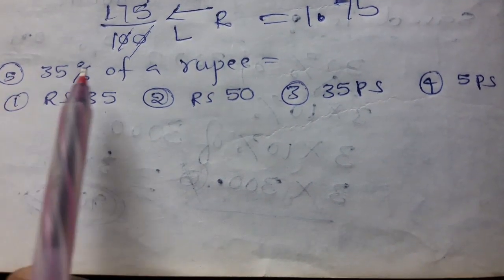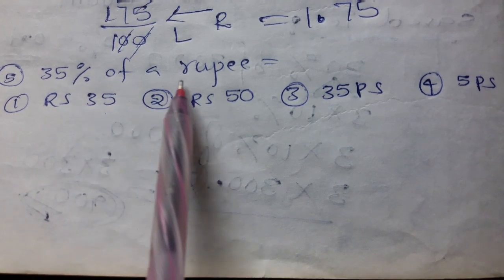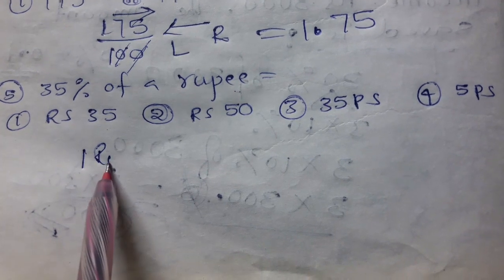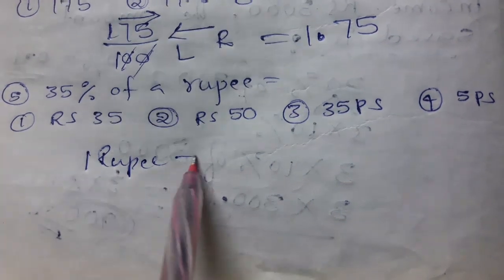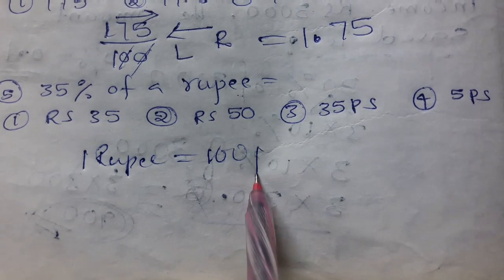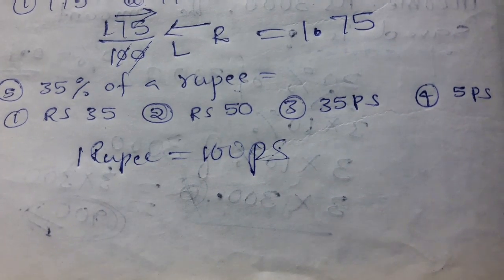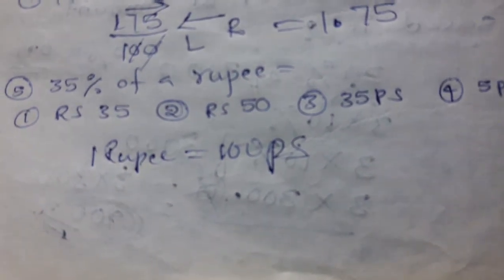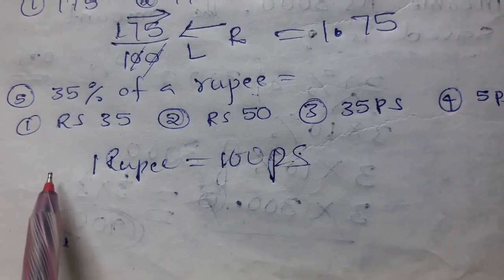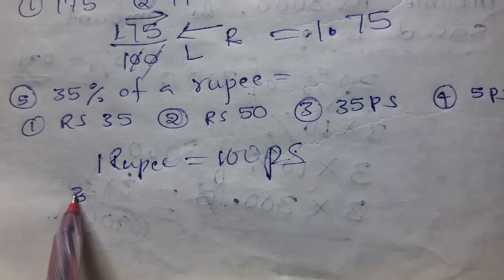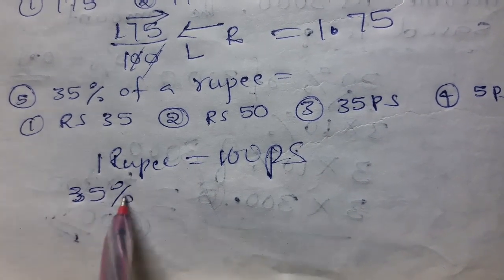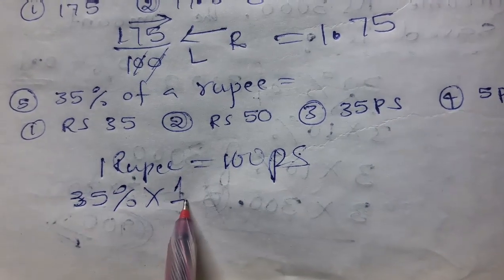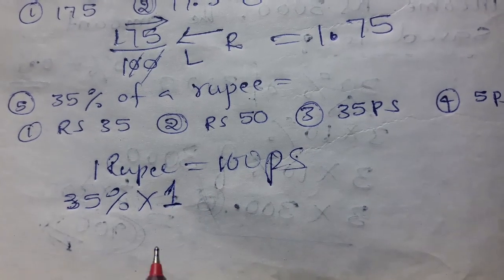Now move to the next question. 35% of a rupee. See here, 1 rupee equals 100 paise, isn't it? 100 paise. So 35% of a rupee. Here 'of' means multiplication, into 1 rupee, isn't it?